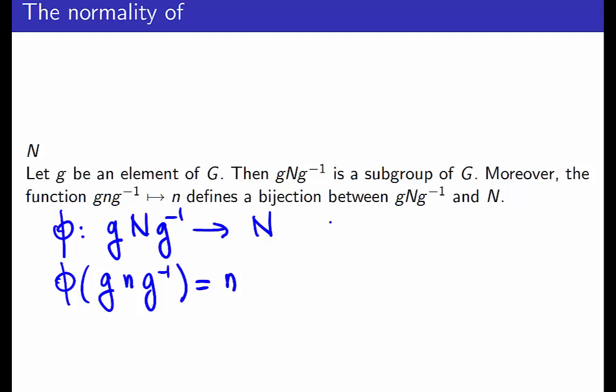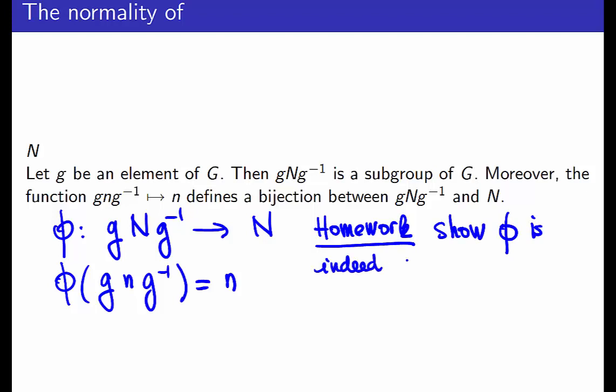I claim that this map is a bijection, so this is a homework for you to make sure that you're paying attention. Show that phi is indeed a bijection.